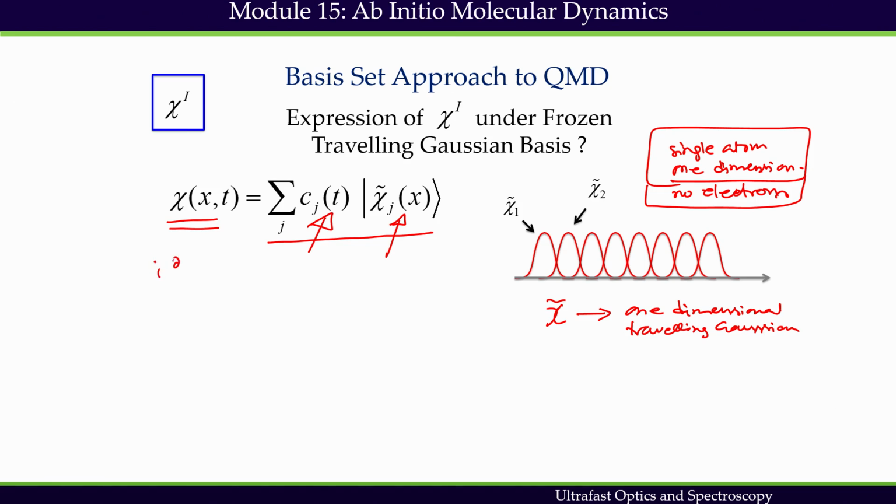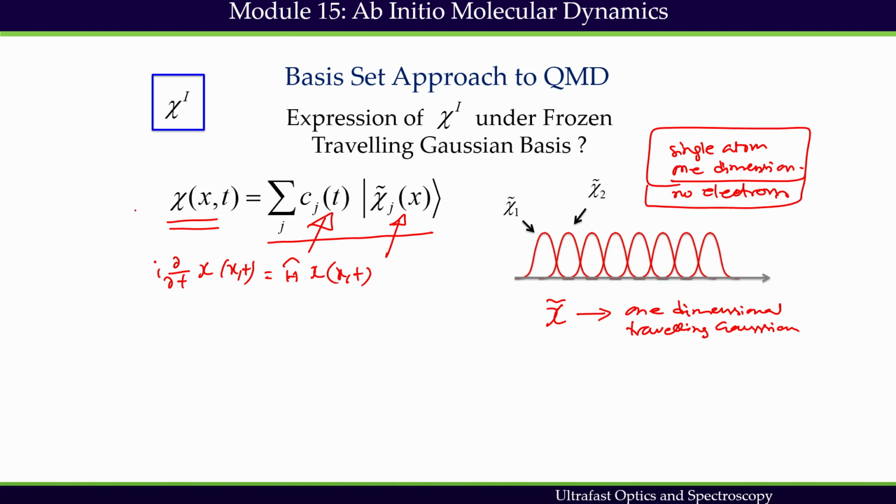The time dependent Schrodinger equation reads like this, where this is the total wave function. Here the total wave function is chi, that is x t, and i h bar partial derivative with respect to t of the total wave function equals H acting on chi x t. I have considered that no electrons are there, so I have not included an electronic wave function. I have just included the nuclear wave function.